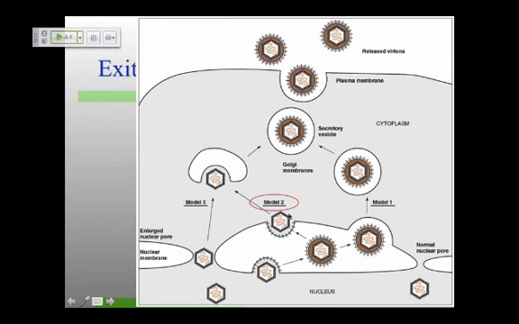Most people seem to think, in the book, they say there are these 3 different models about how it gets out. Most people seem to think that it's this model 2.